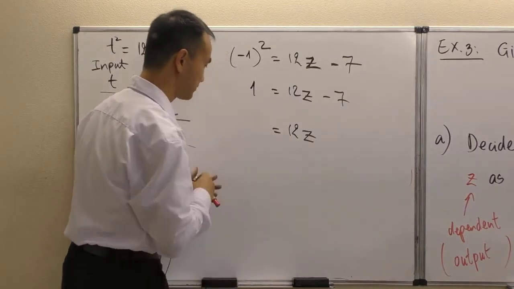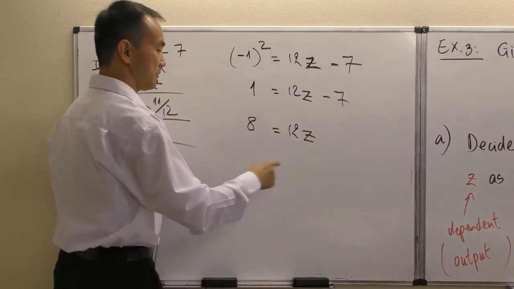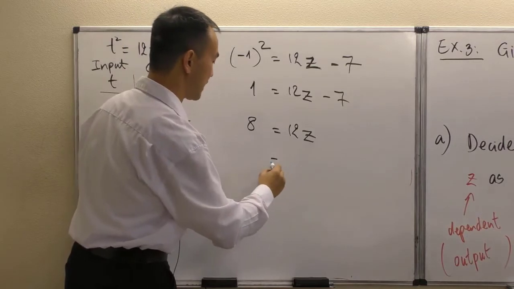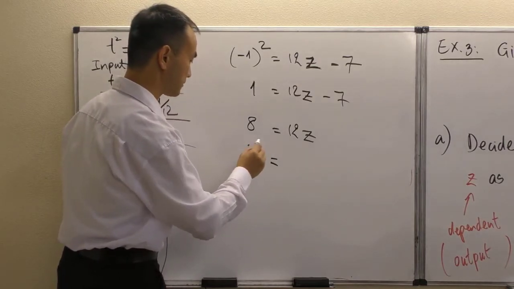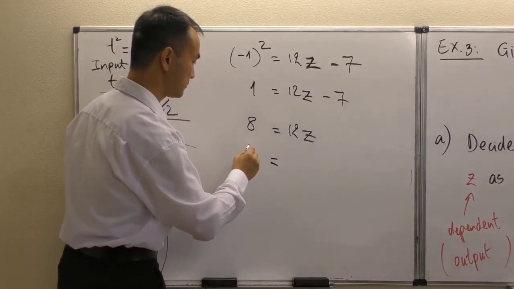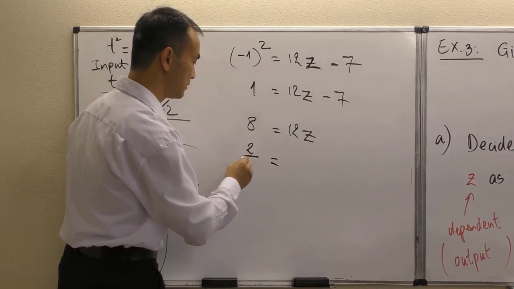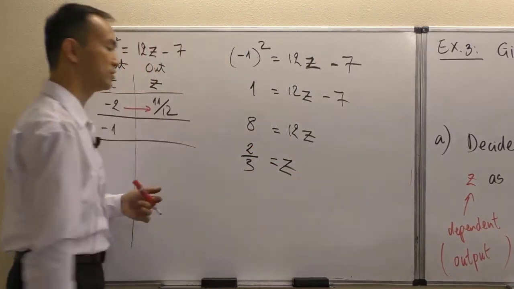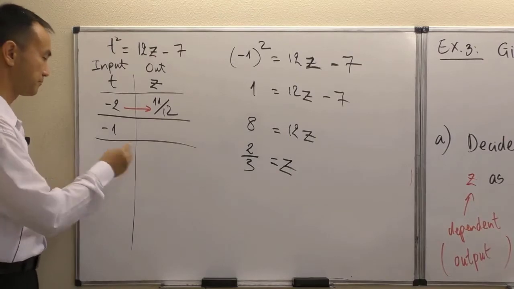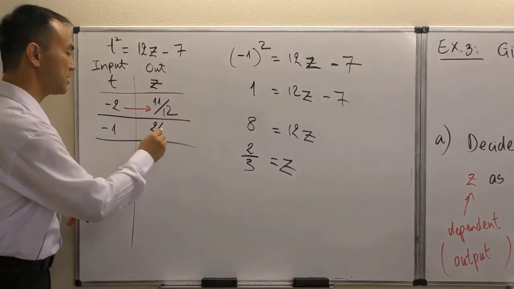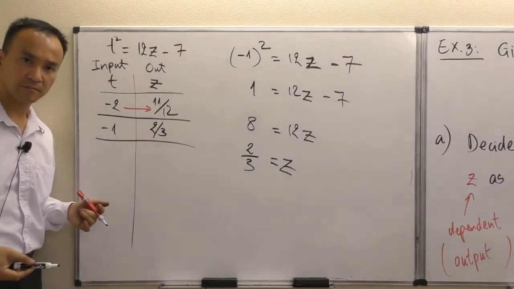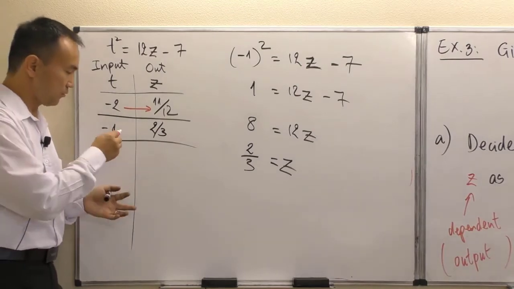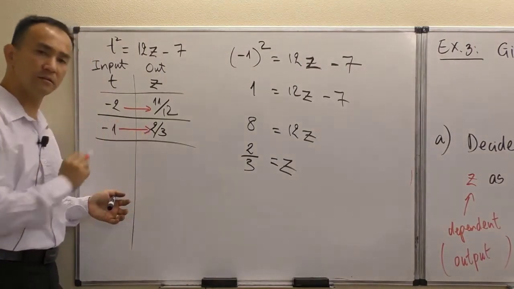Then I'm dividing both sides by 12, so that leaves me 2/3 equals z. So the answer for that is 2/3. One input goes to one output.